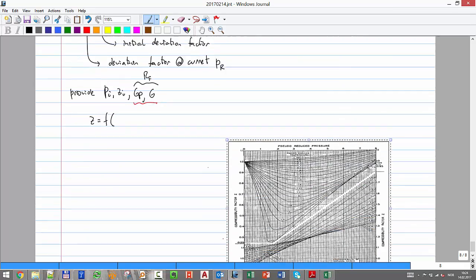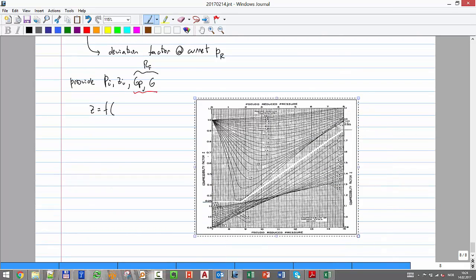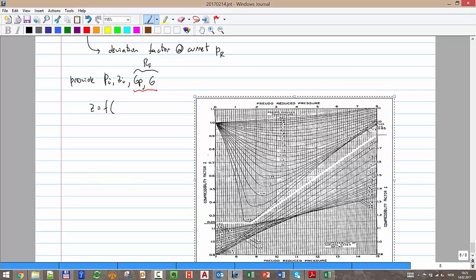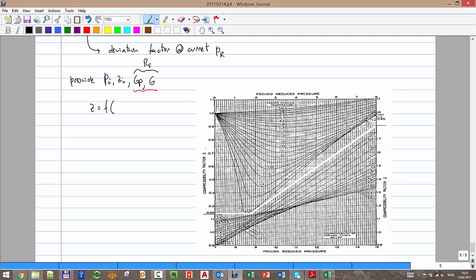Okay? And I will give you an equation to calculate it. Basically, set the compressibility factor, and you need the reduced pressure. What is the reduced pressure? Let's call it just P over critical pressure and T over critical temperature, right?